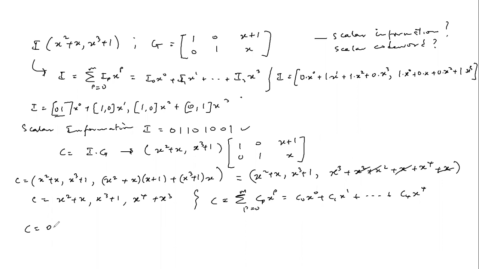0 dot x naught plus 1 dot x plus 0 dot, no, x squared is there. That's plus 1 dot x squared plus 0 dot x cube plus 0 dot x to the power 4, right?